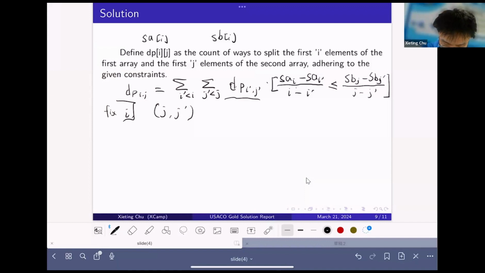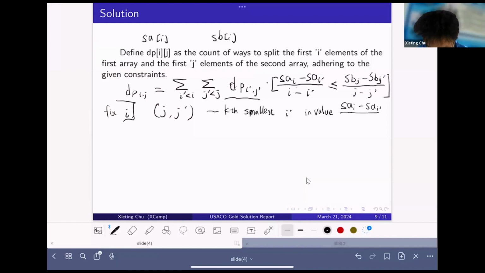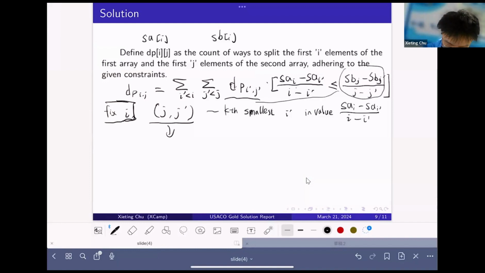That is somehow like the k smallest i prime in the value of (SA[i] minus SA[i prime]) over (i minus i prime). So if we fix i and we determine j and j prime, we get the value of these.